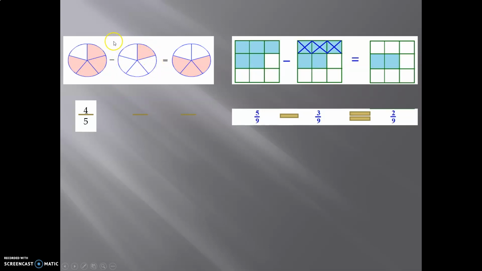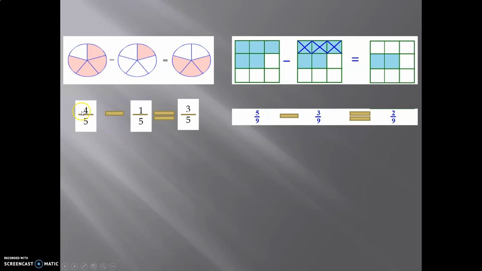Out of my shape, out of 5. So if I have 4 out of 5 minus 1 out of 5, how many are left colored in pink? Only 3 out of 5 left colored in pink.